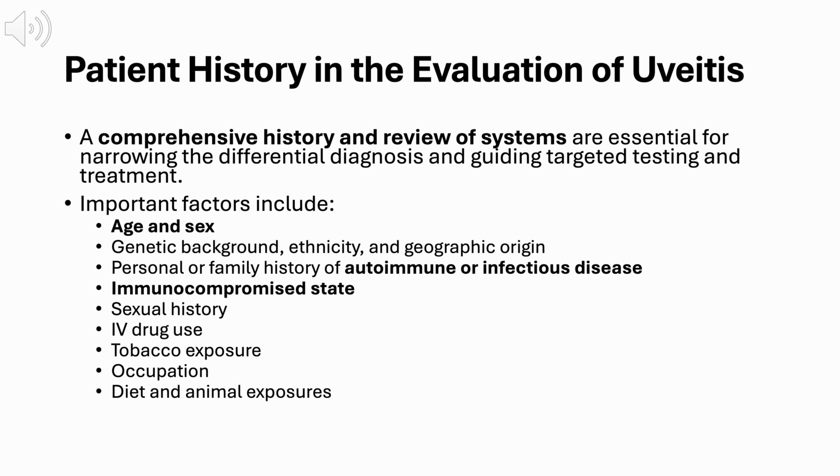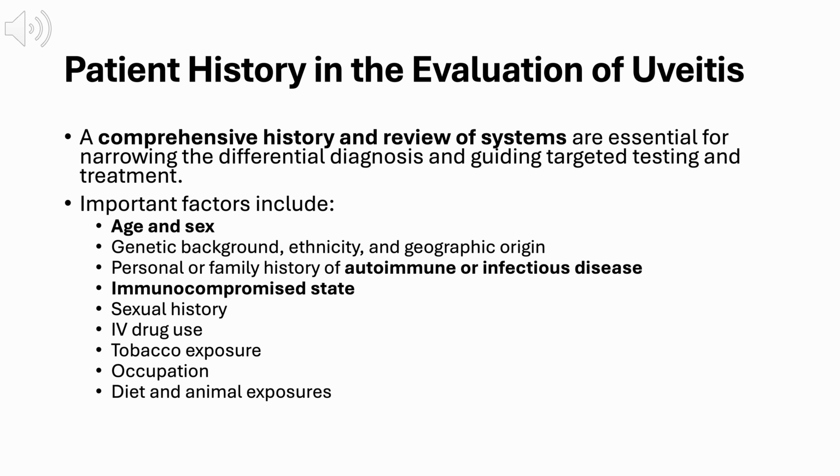Now we pivot from the exam to the history, the engine of the differential. A comprehensive history and review of systems are essential for narrowing possibilities and guiding targeted testing. The relevant factors are broad: age and sex, genetic background, ethnicity, and geographic origin, personal or family history of autoimmune or infectious disease, immunocompromised state, sexual history, IV drug use, tobacco exposure, occupation, and diet and animal exposures.